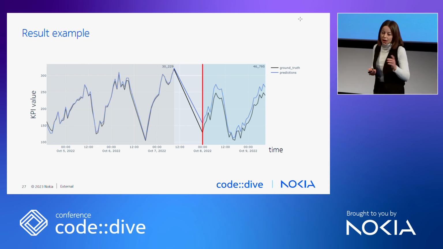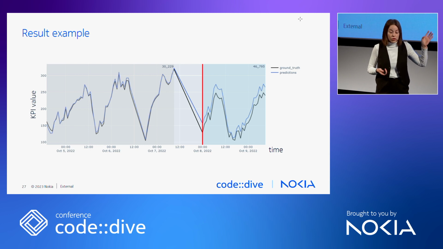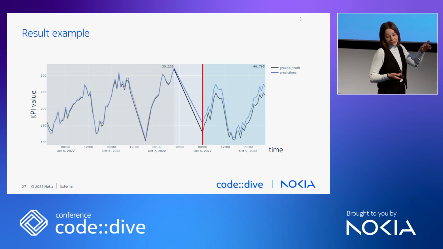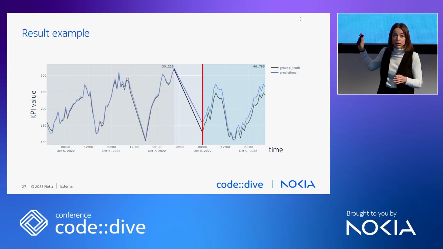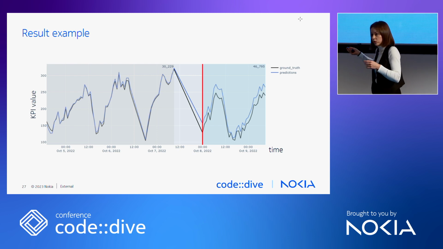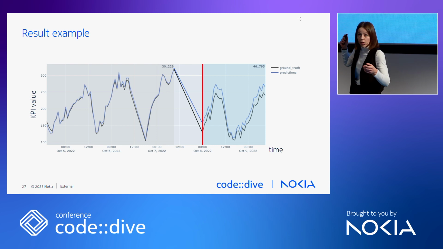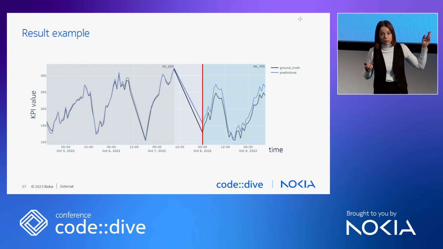So here we have two configurations, 3229 and 46795. We also have a moment of the configuration change, this time marked with red. We have the true KPI values, so the measured values, in black, along with the predictions, which are in blue.